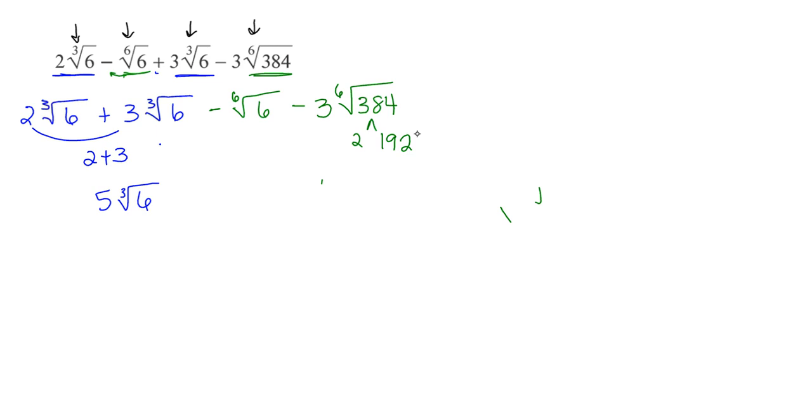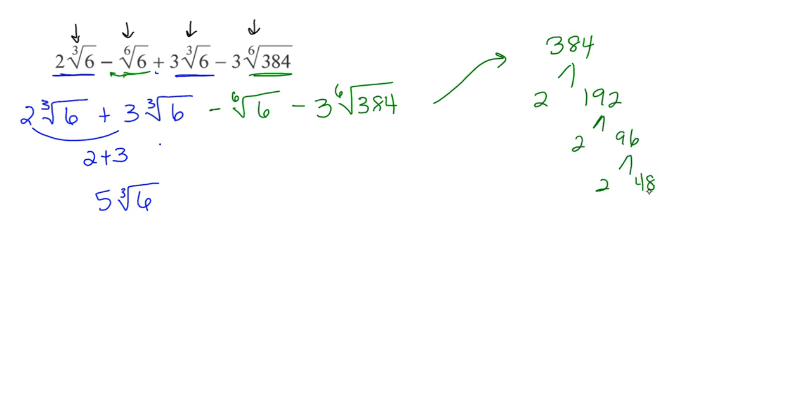I'm booping my calculator. 192 splits into 2 and 96. 2 and 48. I should have done this over here to the side. Make it not as messy. That's a brilliant idea. 2, 192. A lot of 2s. 2 seems to be the favorite number.